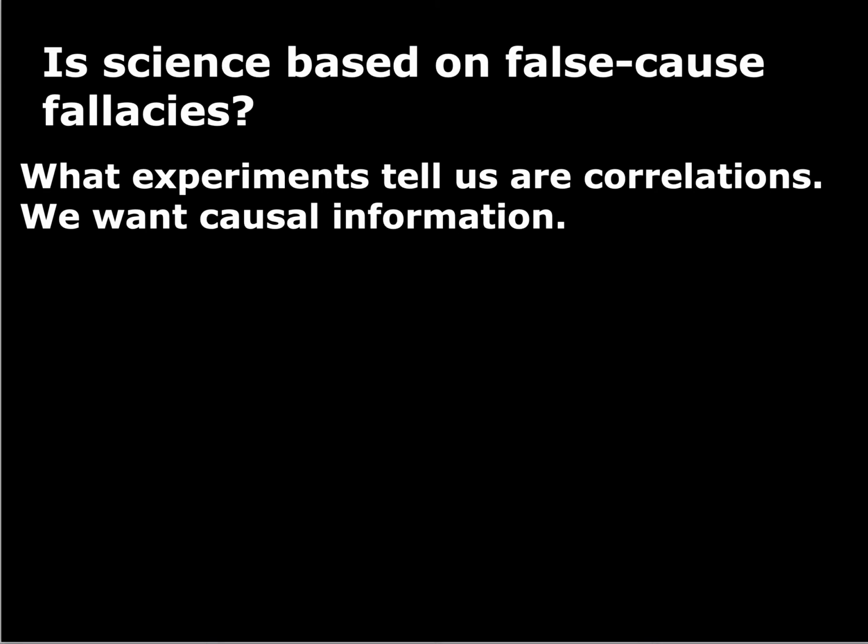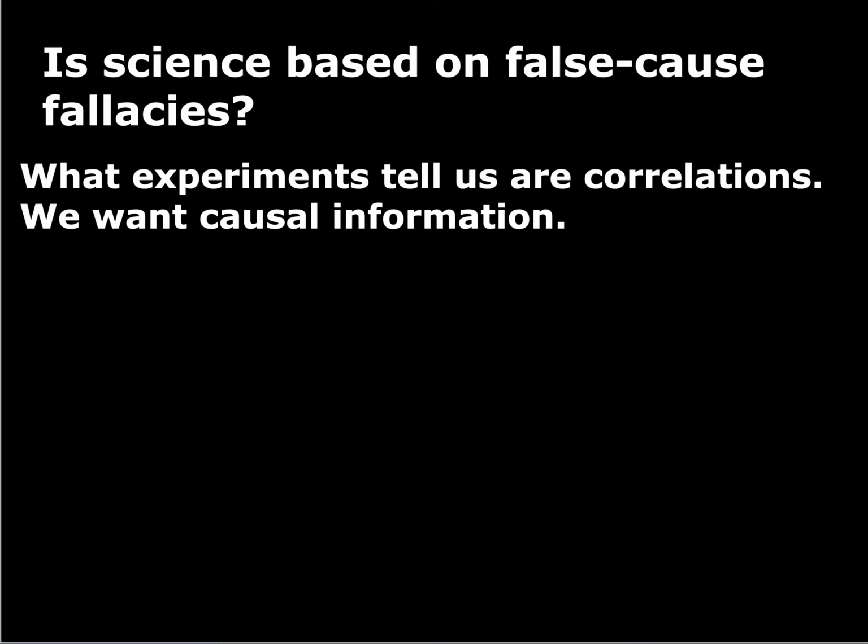Well, what individual simple experiments tell us are correlations. So for instance, I know that I gave a bunch of people a certain drug and they all got cancer. So I know there's a correlation between this drug and getting cancer.